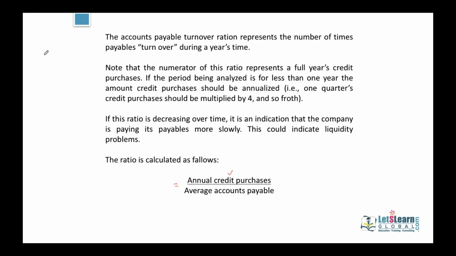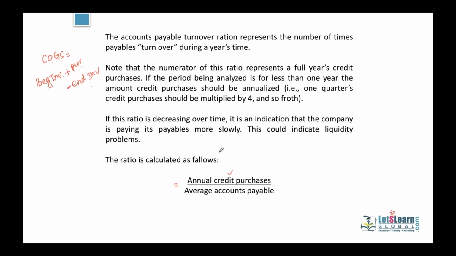For credit purchases you need to use a formula: cost of goods sold equals beginning inventory plus purchases minus ending inventory.